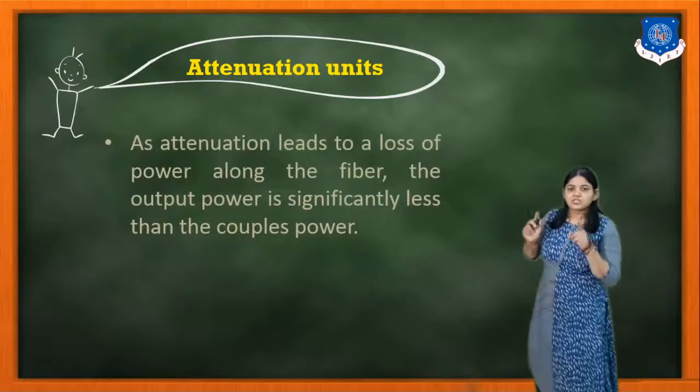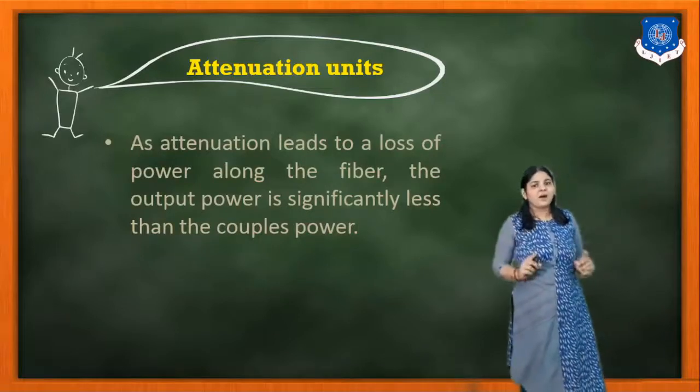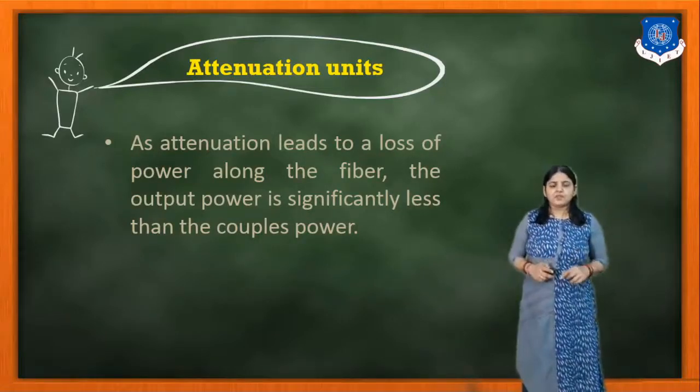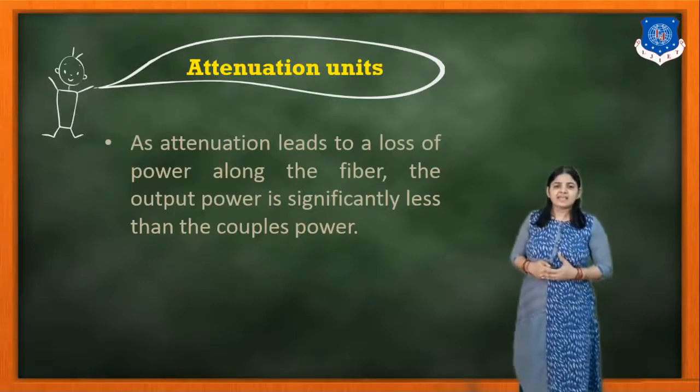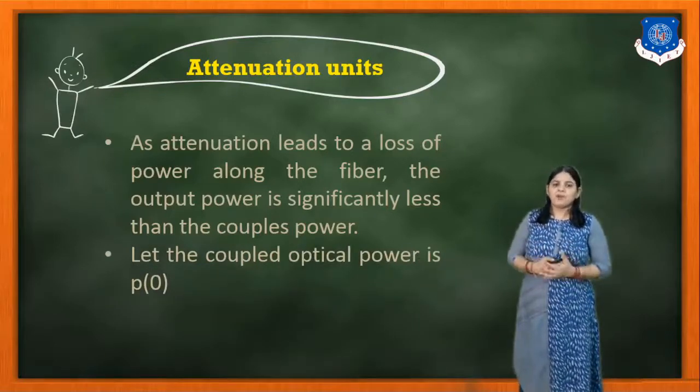So attenuation leads to the loss of power along the fiber, and the output power is less than the coupled power.